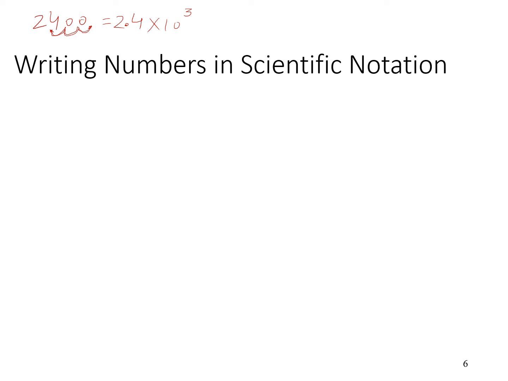On the other hand, the easier way to remember is to see that the number that was given to us was 2400. So the number in itself is a really big number. And what did we reduce this number down to? We reduced 2400 into 2.4. So we made the number actually small. If you're making the number smaller, the exponent has to compensate for that. So if I'm making the number small, the exponent would be positive.